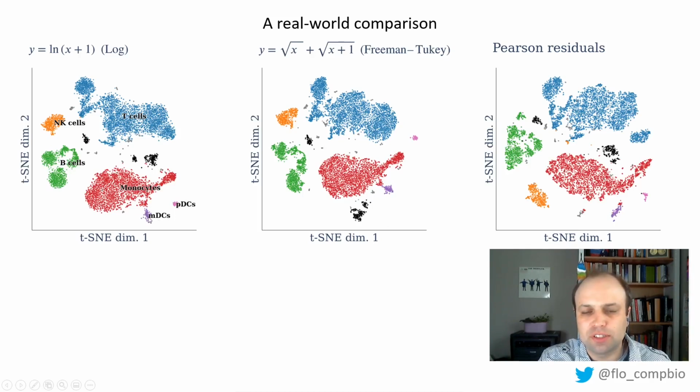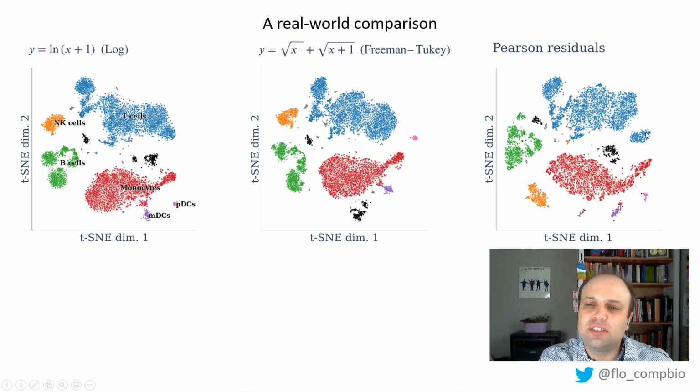It was a little bit separated in the log transform, but not very separated. But there's this whole new cluster, this whole new island here, which maybe you can see a little bit in the log transform if you squint, but here it's a big difference because it's clearly separated from the rest of the T cells.